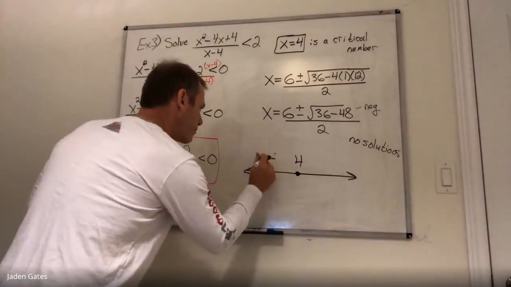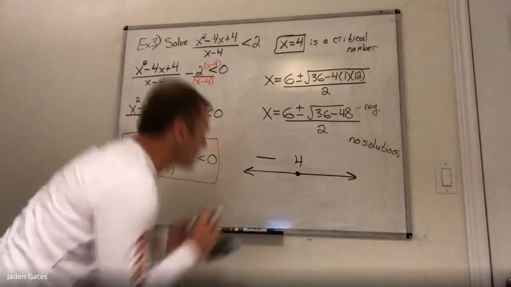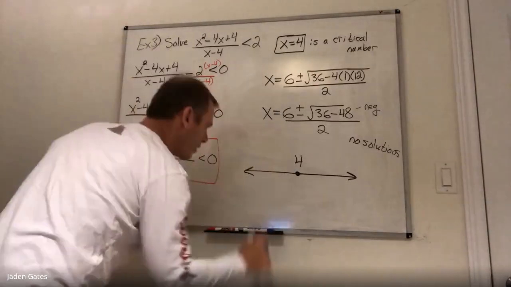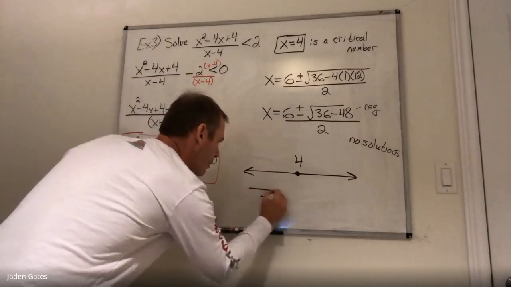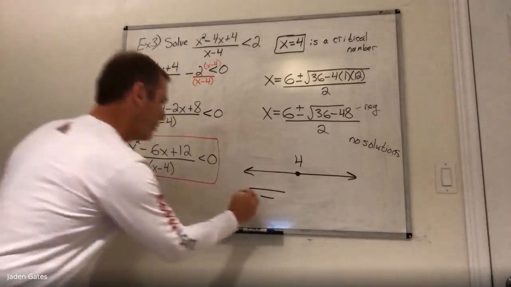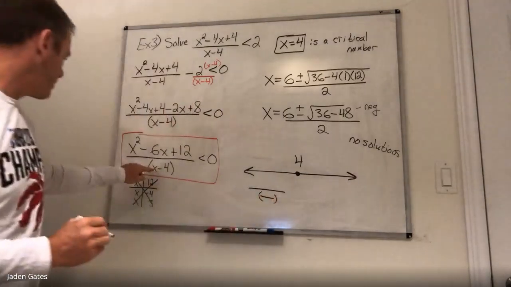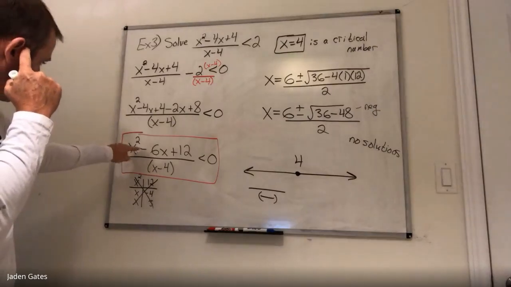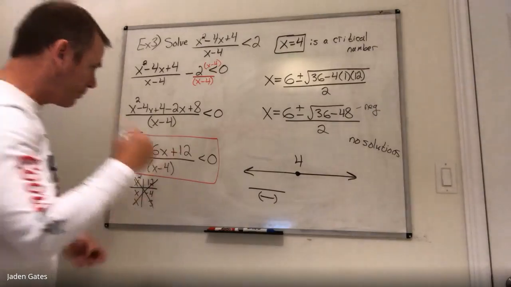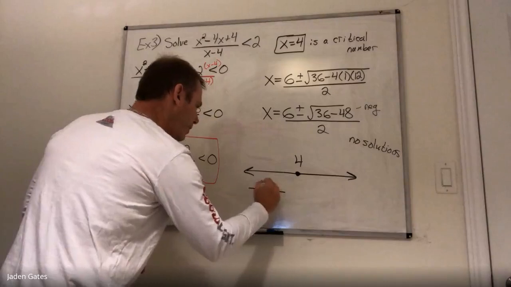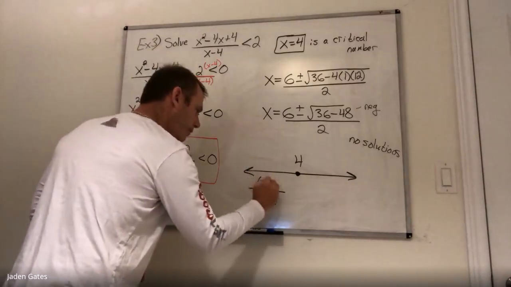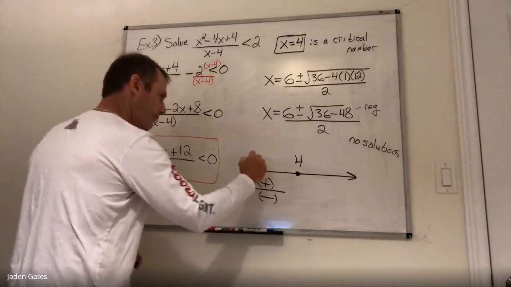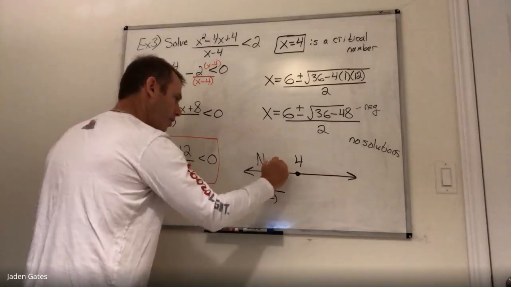I put little brackets around it because I put a 0 in there. It's 0 minus 4, and then up top would be positive. So if I have a positive numerator divided by a negative, I'm going to have a negative total number here.